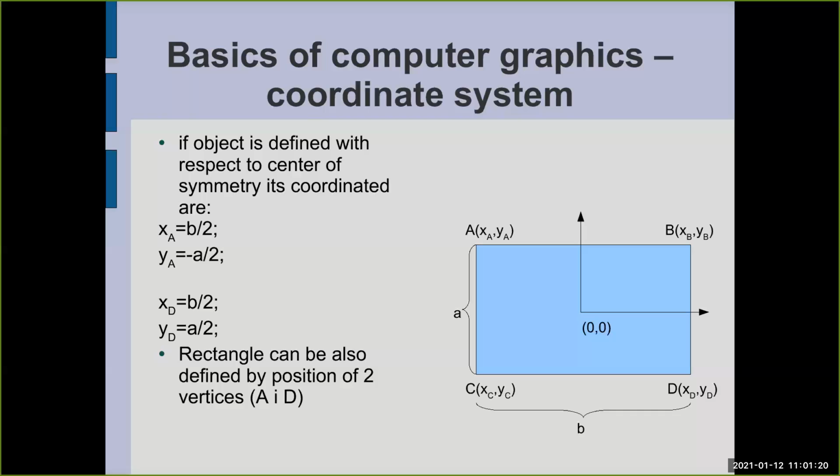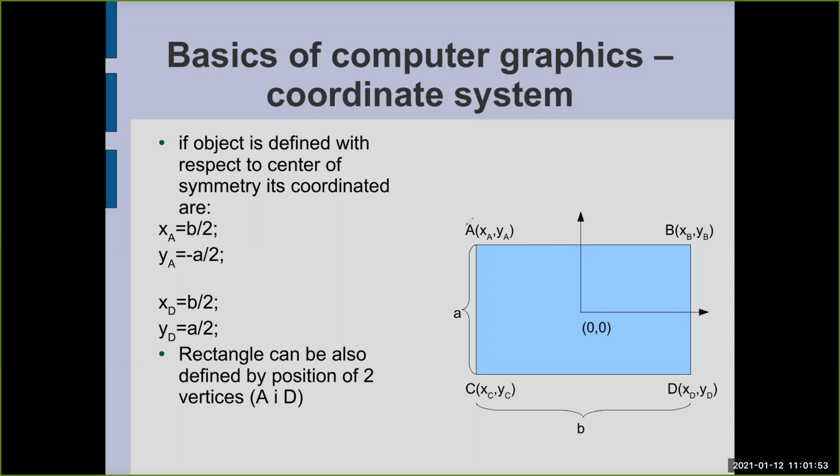So look, if we have the object, so a rectangle here, it can be presented using different parameters, but we can represent it using, let's say in this case, 2 points.